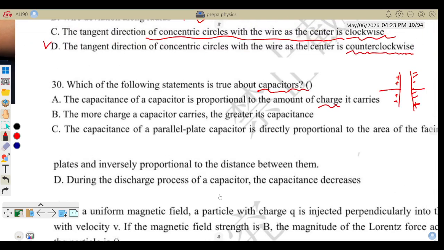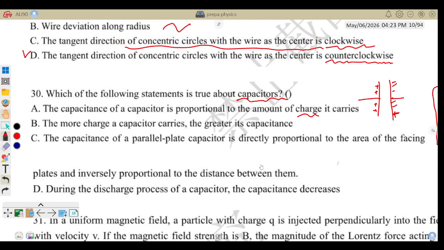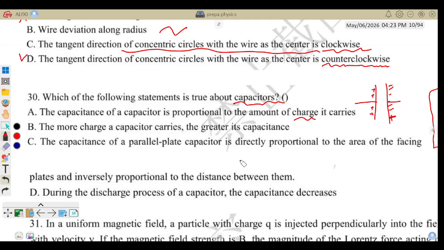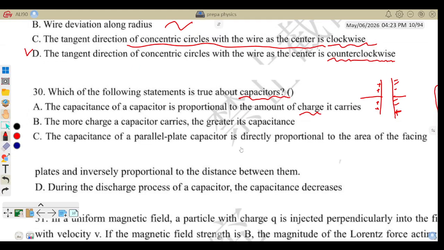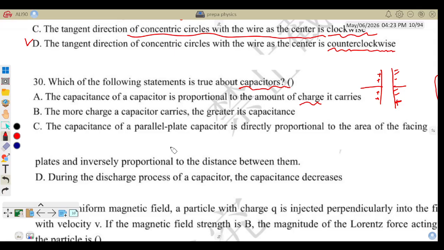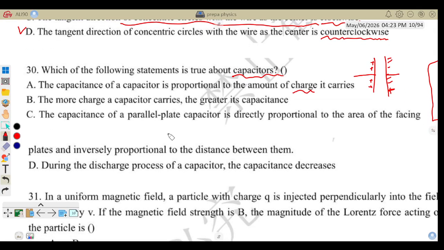It is proportional to the area, and inversely proportional to the distance between the two plates. So that proposition would be chosen. We see for A it's not the one. For B, the more charge a capacitor carries, the greater its capacity.